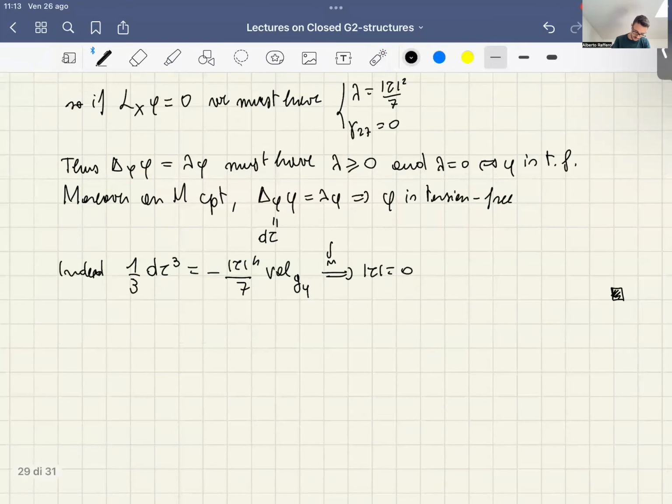But however, it is still an open problem to determine whether such type of solitons exist on compact 7 manifolds.